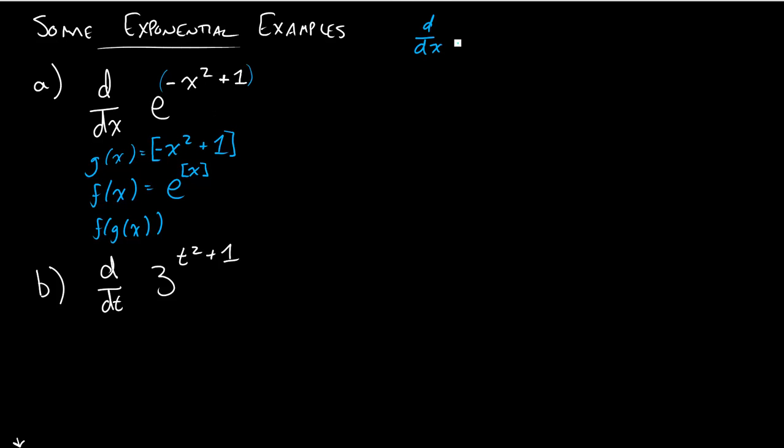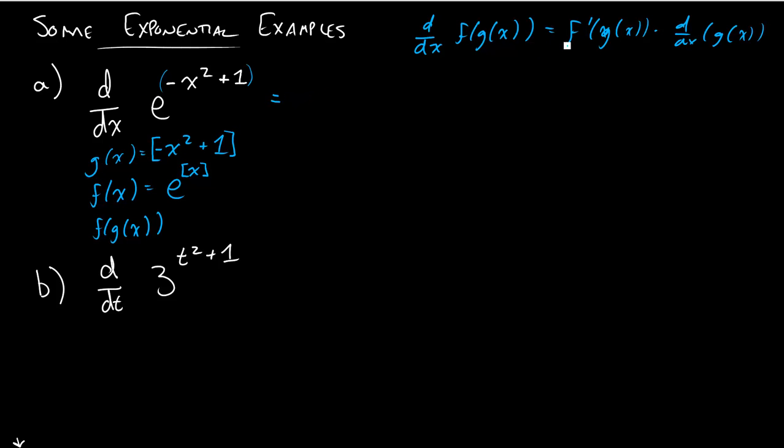It tells us that the derivative of f of g of x is equal to f prime of g of x times the derivative of the inner function. So take the derivative of the outer function and then multiply it by the derivative of the inner function.